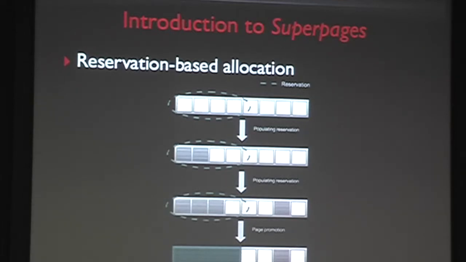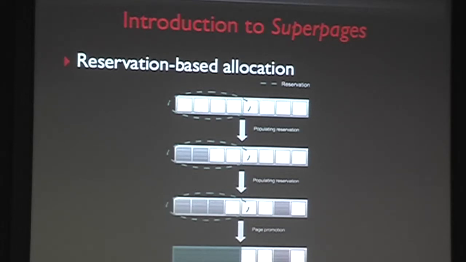And according to the rules of paging on demand, we allocate the pages inside that reservation, and if we populate the reservation map, we have a candidate for promotion to a superpage. Of course, if the process that obtained the reservation is not populating it, we would waste the space.